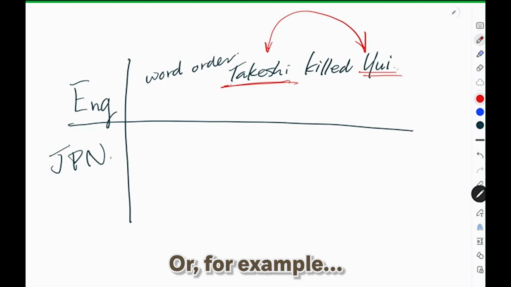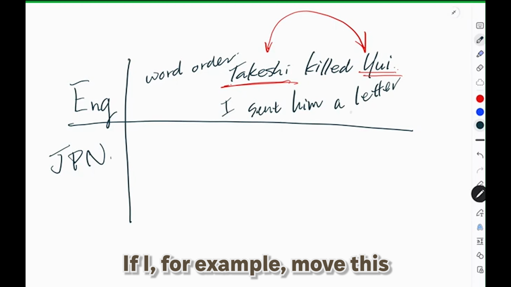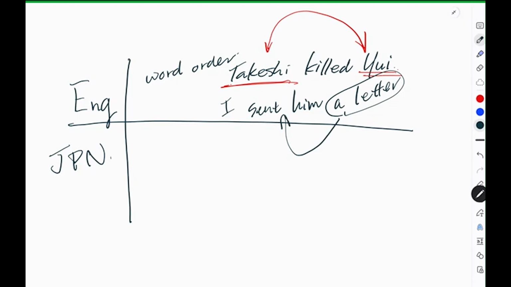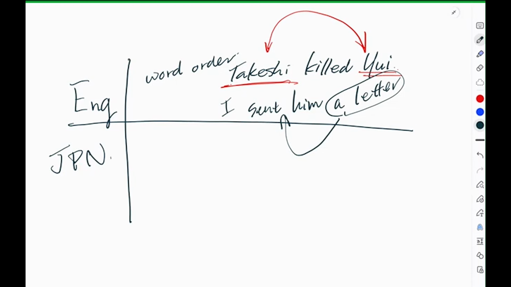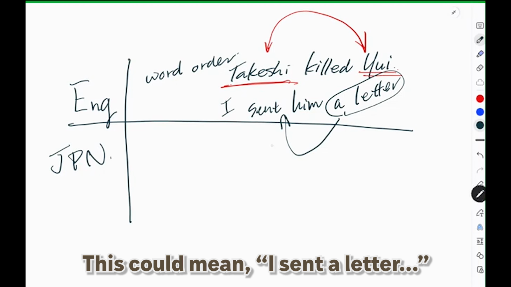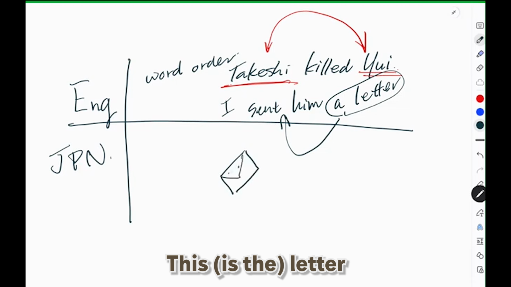Or, for example, if I say something like, I sent him a letter. If I move this to here, I sent a letter him. This could mean I sent a letter to this person who is letter.